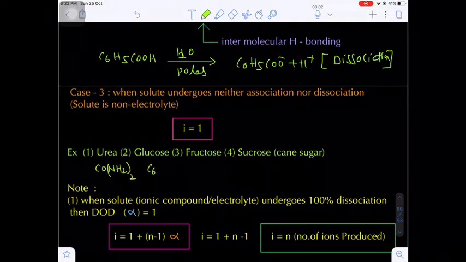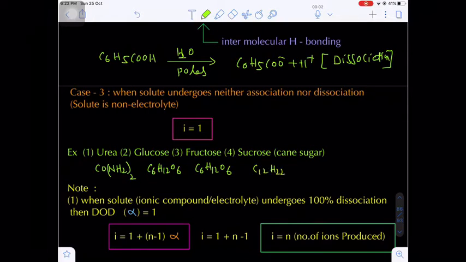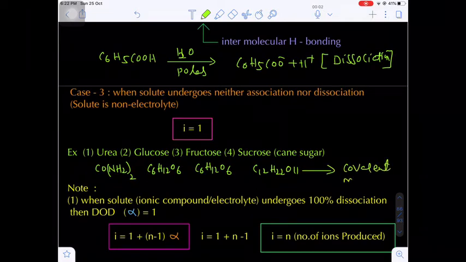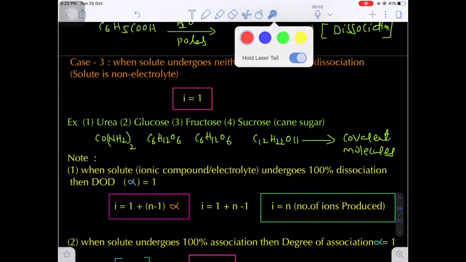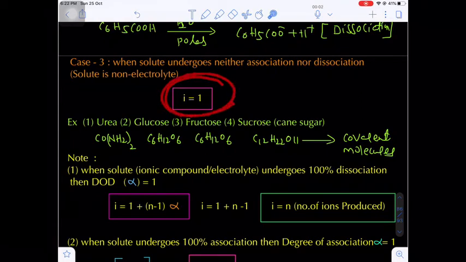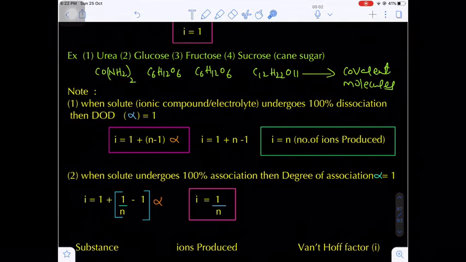And glucose C6H12O6, and also fructose C6H12O6, sucrose C12H22O11. All these molecules are known as covalent molecules. Covalent molecules do not undergo any ionization. That's why we have to consider the iota Van't Hoff factor as unity. Are you getting my point?